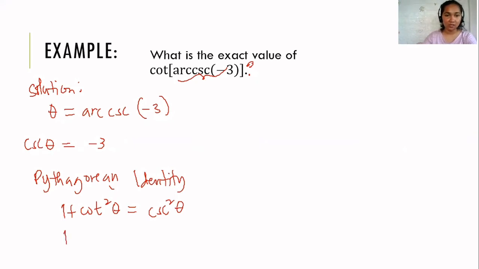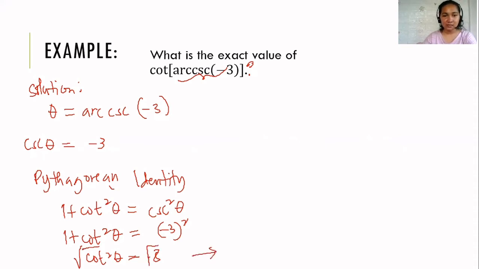So we have 1 plus cotangent squared theta equals negative 3 squared, which is 9. That means cotangent squared theta is equal to 9 minus 1, or 8. Therefore, taking the square root of both sides, cotangent theta equals plus or minus the square root of 8.